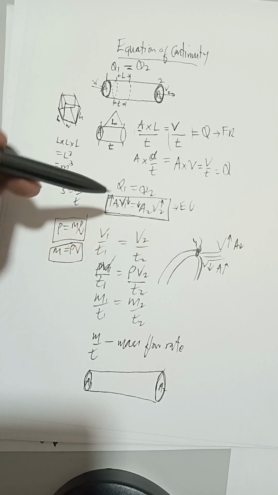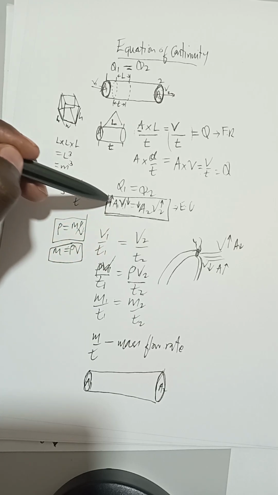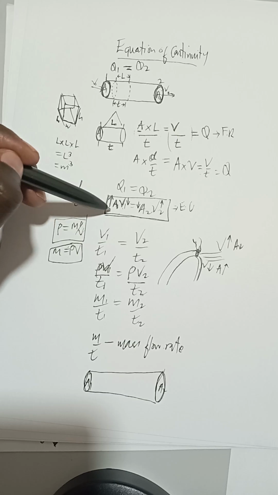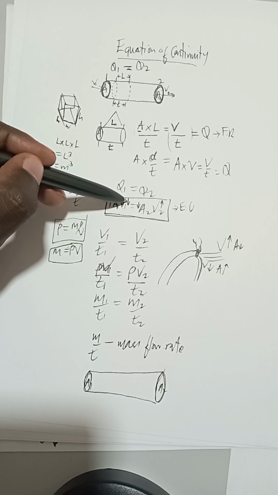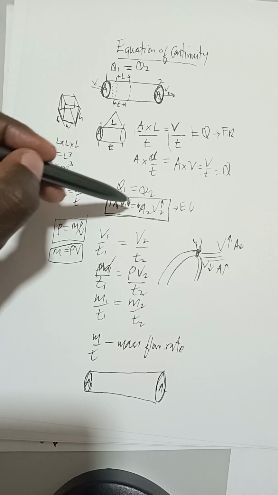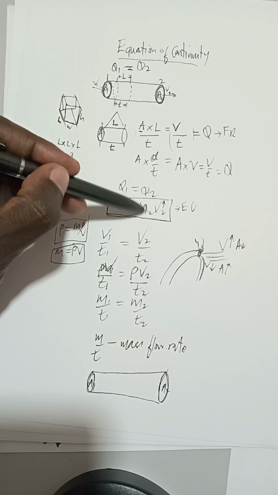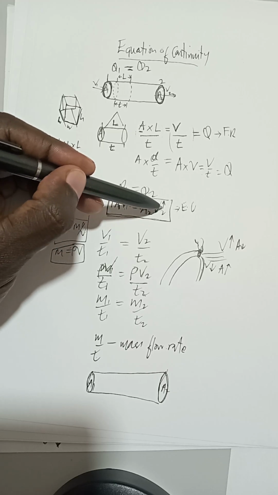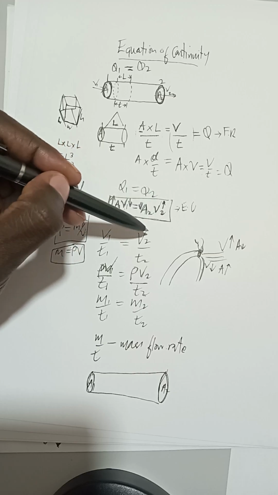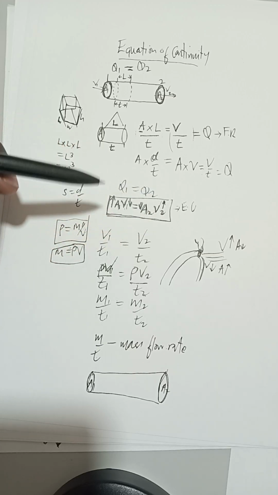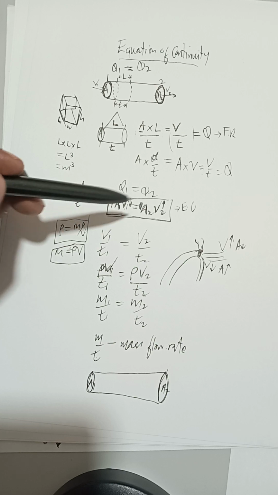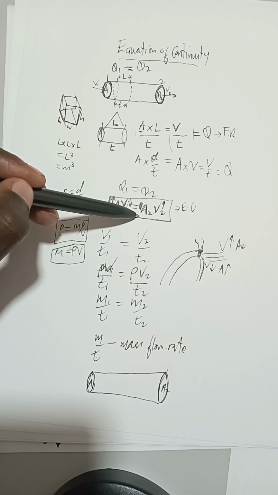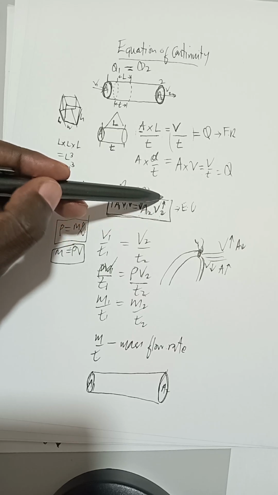For it to be valid, when you increase the area at point 1, the speed at point 2 must decrease to balance. Suppose you decrease the area at point 2, the speed must increase. So basically, when you increase area, velocity goes down. When you decrease area, velocity goes up.